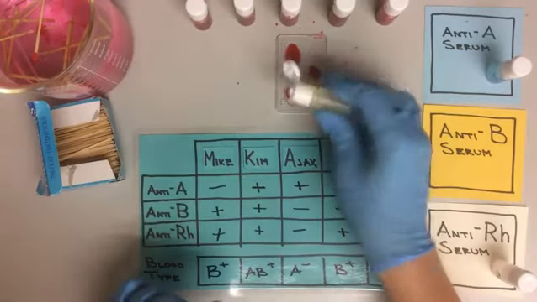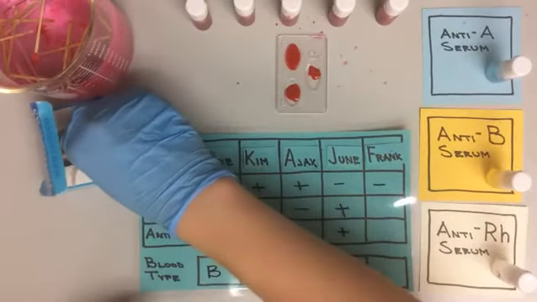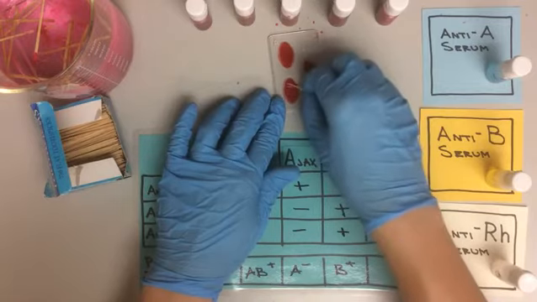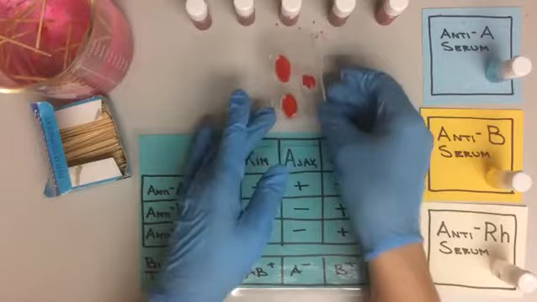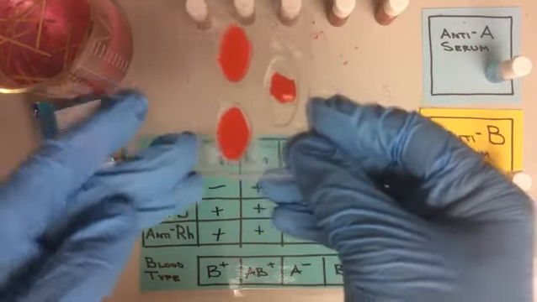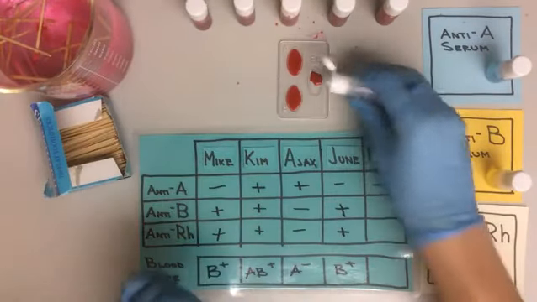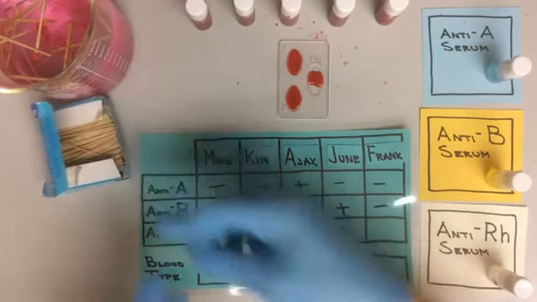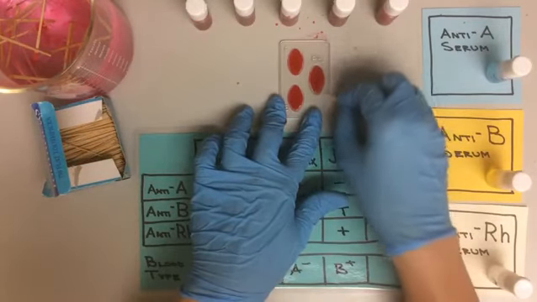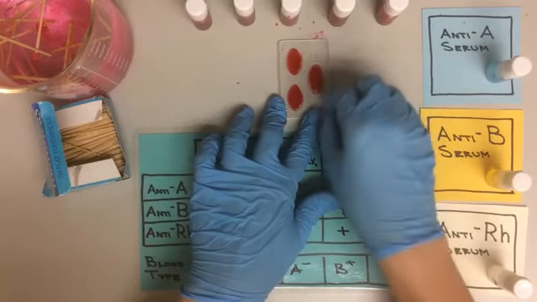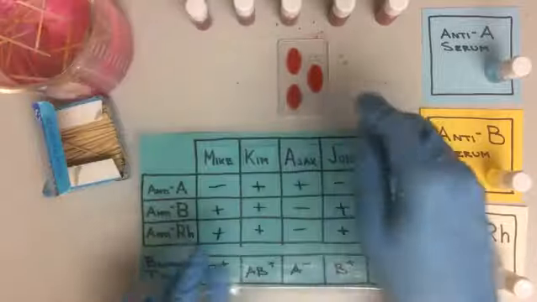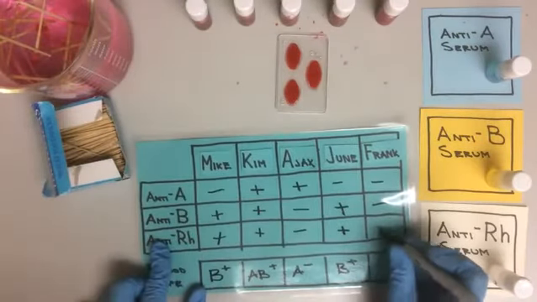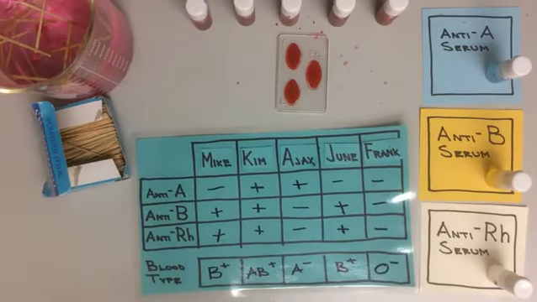For B, again, no agglutination. And for anti-Rh, no clumping, no agglutination. So this makes Frank O negative.